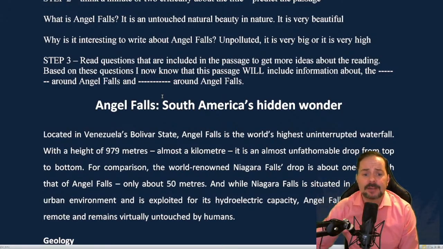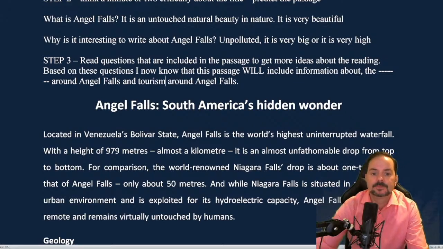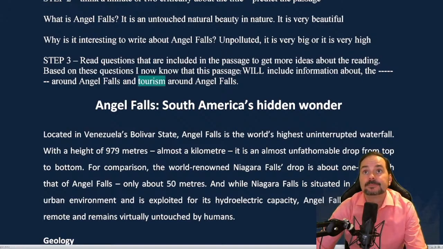Artist says there will definitely be a good amount of information on tourism. So definitely tourism. There will be lots of information around tourism. We saw lots of questions focusing on tourism.